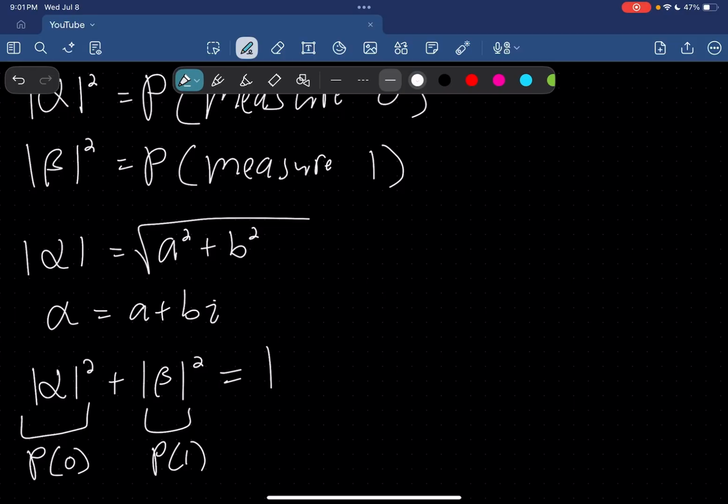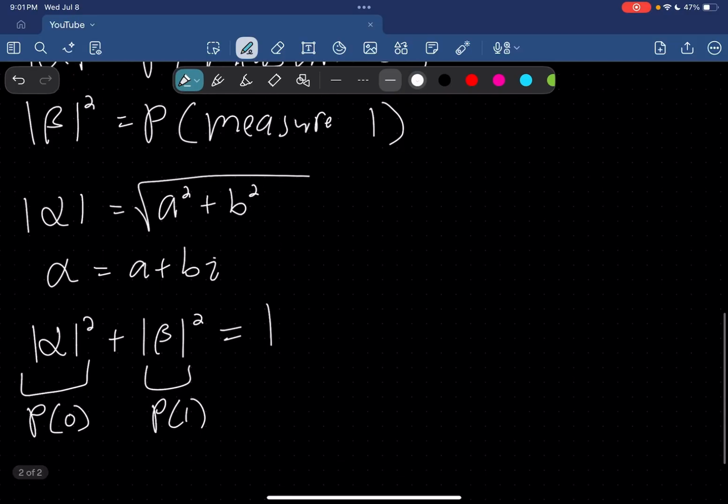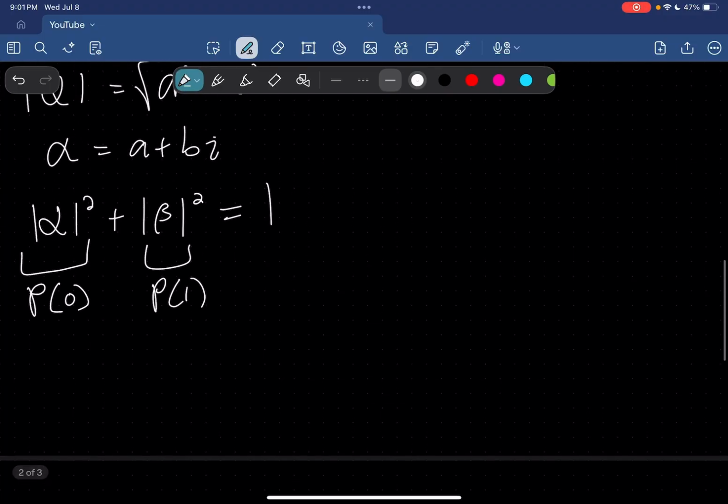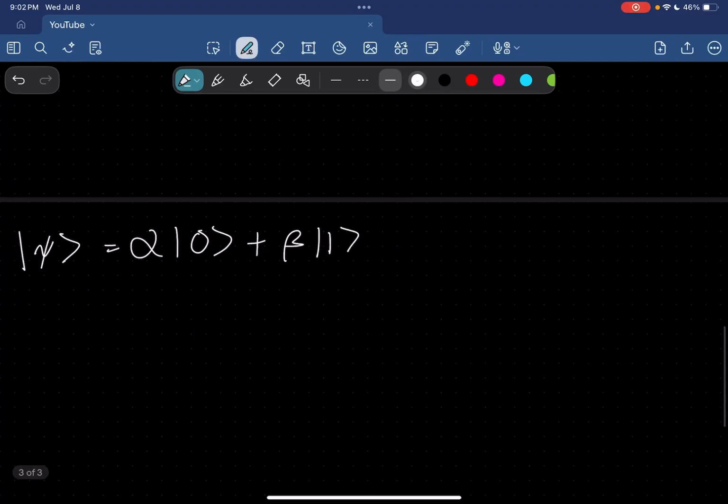What this also means is that the norm of any qubit, so if we have some qubit psi equal to alpha and beta, if we take the norm of this quantum state, what do we get?